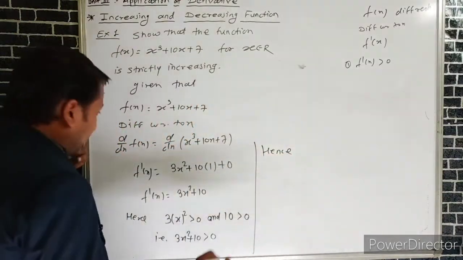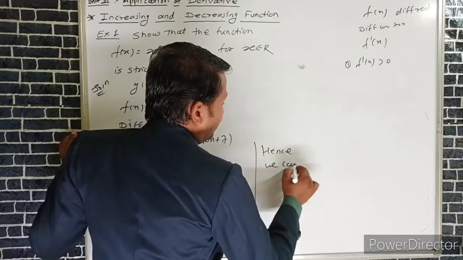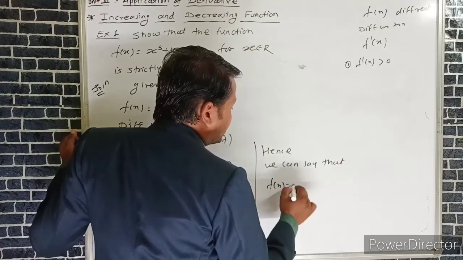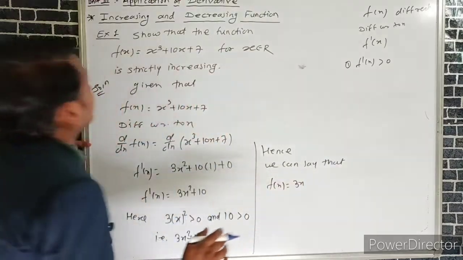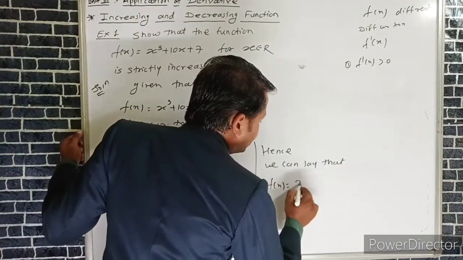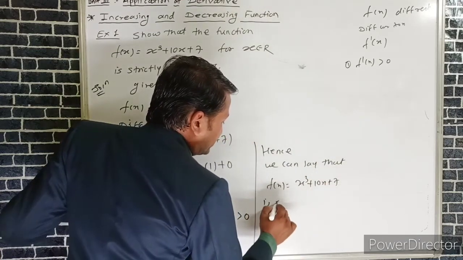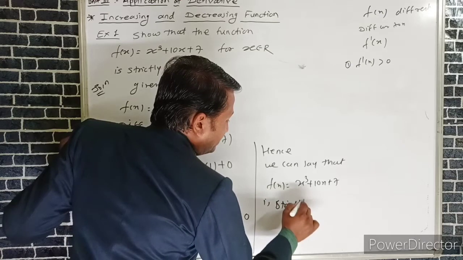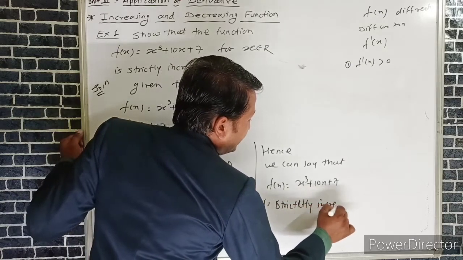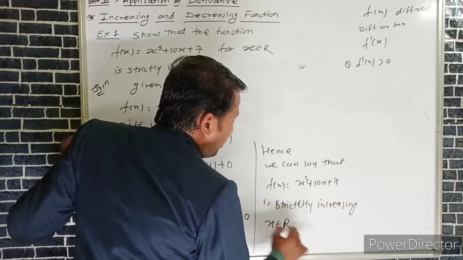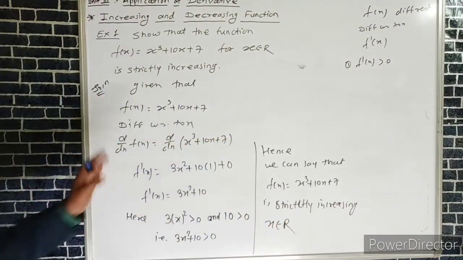Hence we can say that the function f of x, which is x cube plus 10x plus 7, is strictly increasing for x belonging to the real numbers, hence proved.